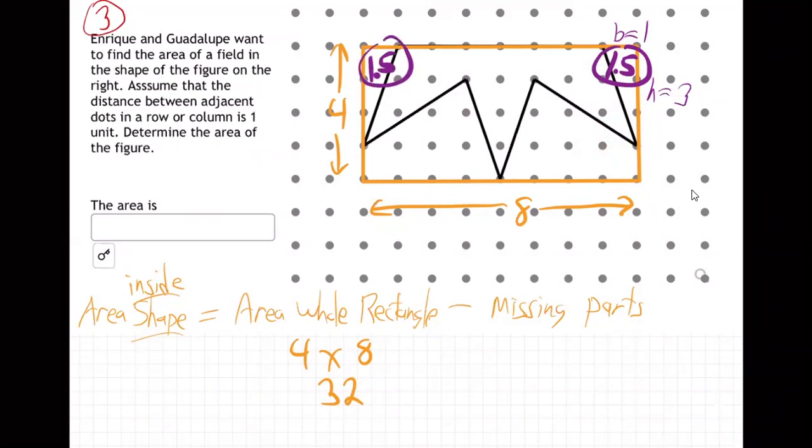Okay, now what about the middle part? What's the area of this shape? And then this one, of course, will be the same. What's the area of that shape? Well, it's not easy to tell, is it? Because it's a weird shape. So what you want to do is draw in sideways lines.